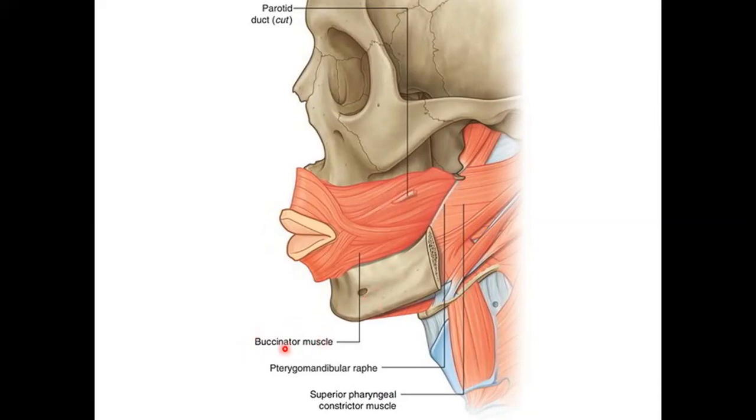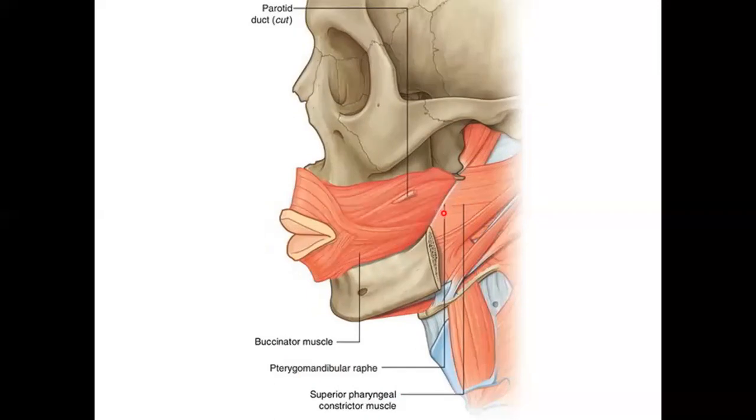The buccinator muscle is another muscle of facial expression. And then the pharyngomandibular raphe and the superior pharyngeal constrictor muscle. Okay, so I mentioned your superior constrictor muscle for your pharynx. You can see here how it has attachment to this pharyngomandibular raphe.